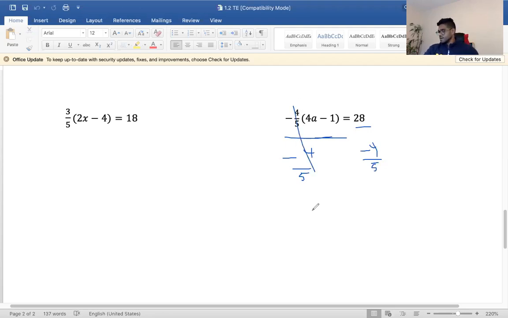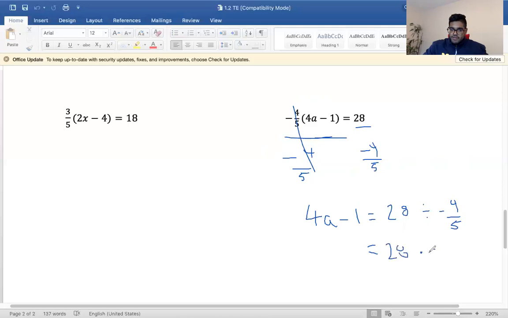And you get 4a minus 1 equals, let me write this out, 28 divided by negative 4 over 5. Does the same thing as multiplying by the reciprocal, so 28 times negative 5 over 4.